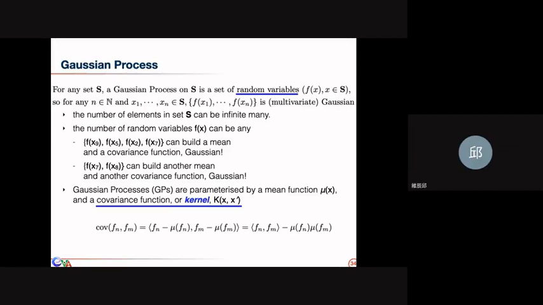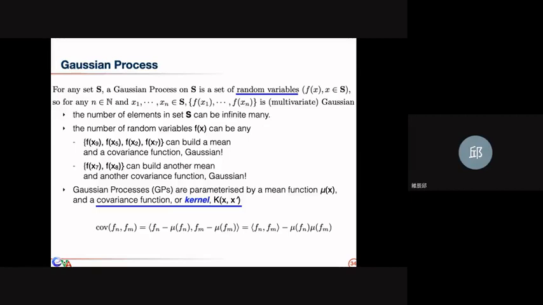Then for any combination, you can derive its covariance function, right? And the covariance function is actually related to the kernel. This can be told from this computation, right?